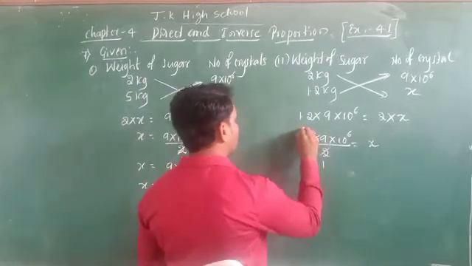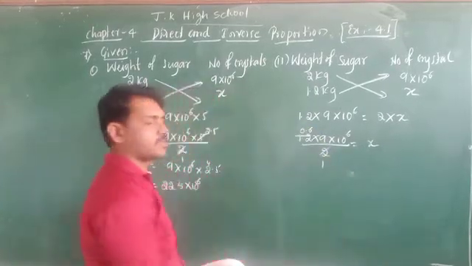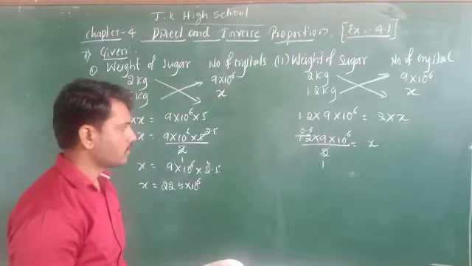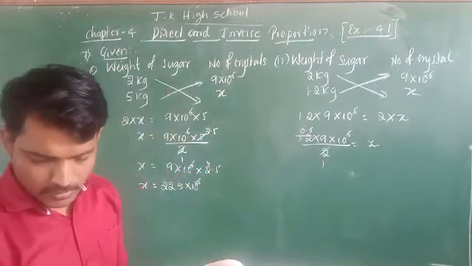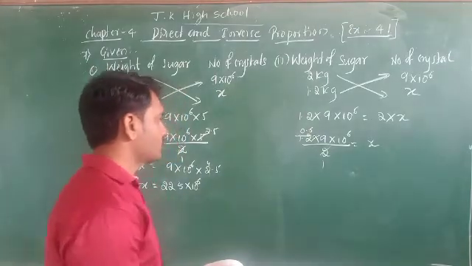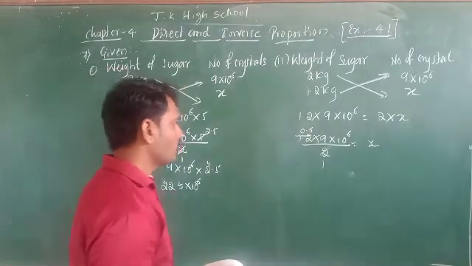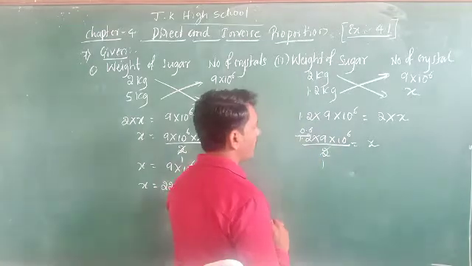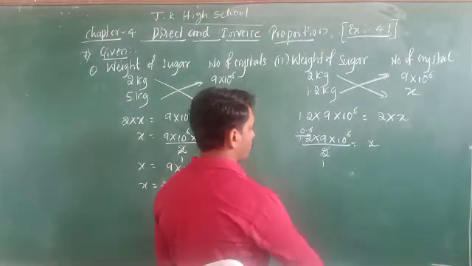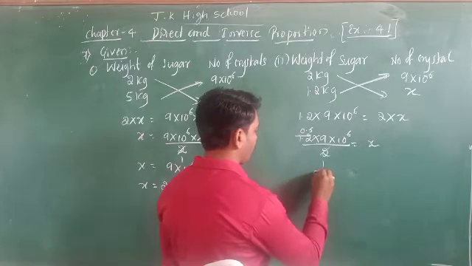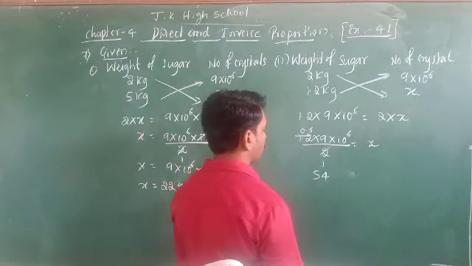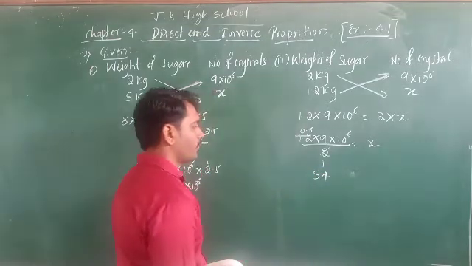1.2 divided by 2 is 0.6. Is it right? Next, 0.6 into 9 into 10 to the power 6. 9 sixes are 54.